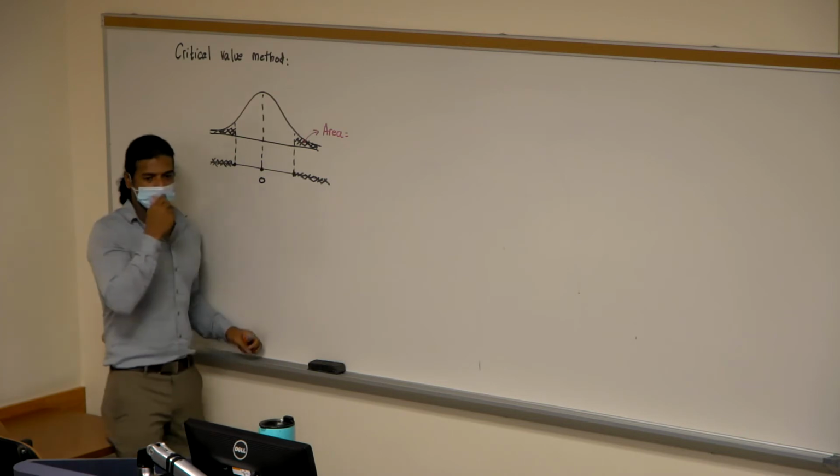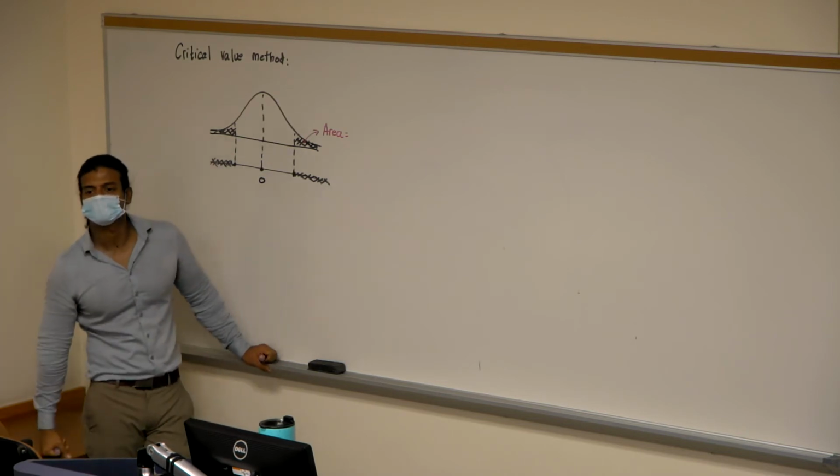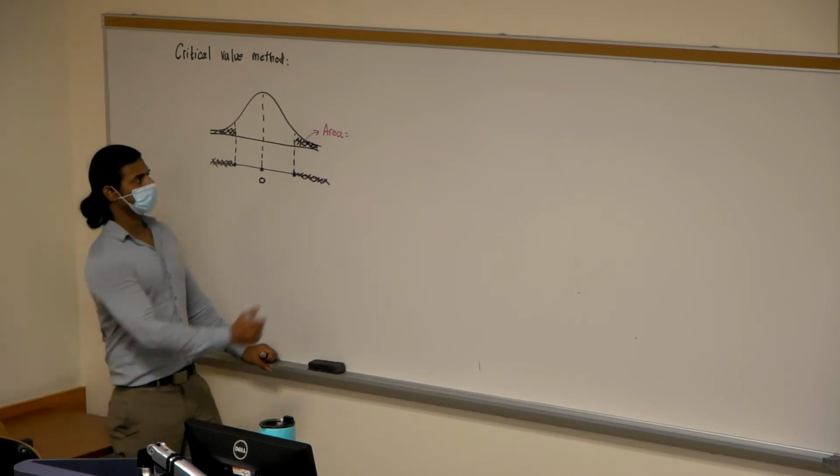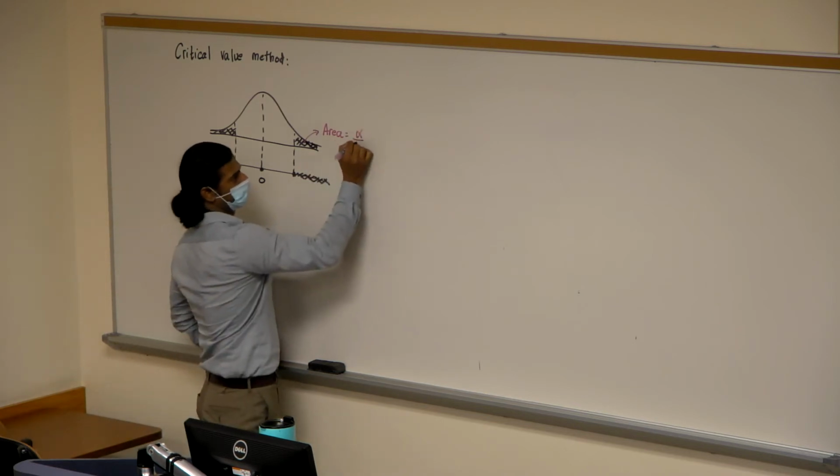What should the area be on each side? 0.05 over 2, that is 0.025, in other words, alpha over 2.